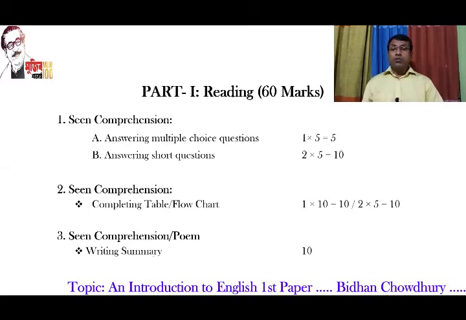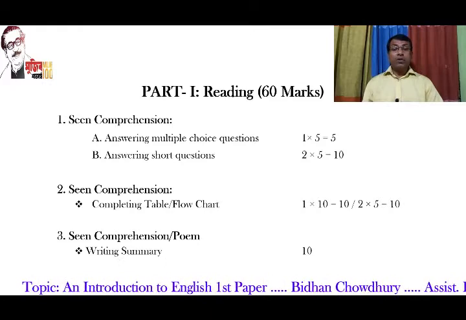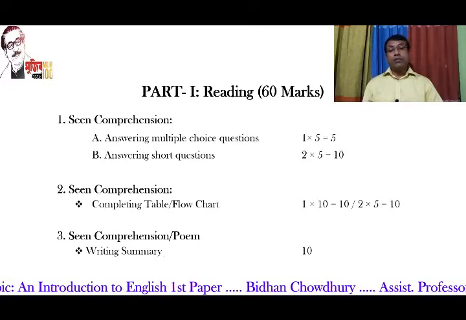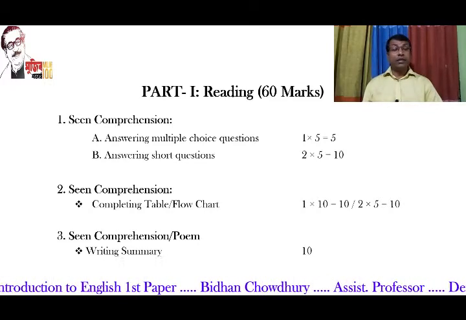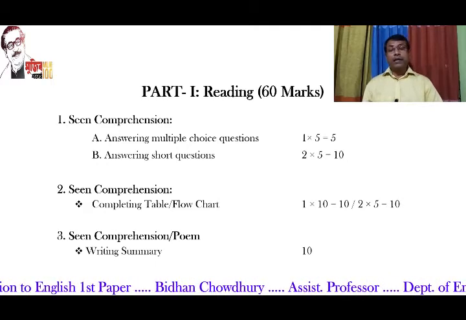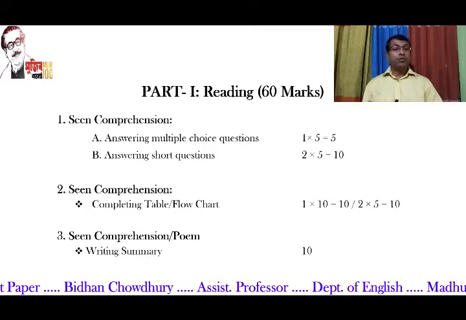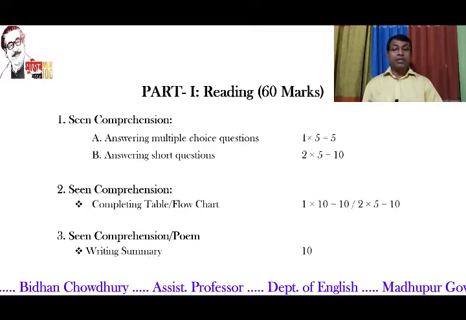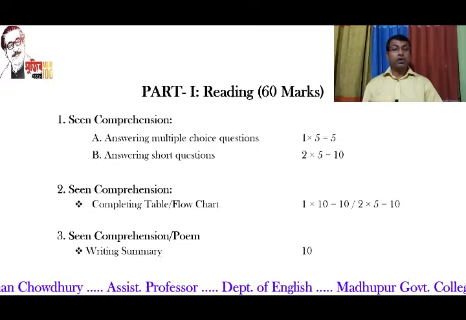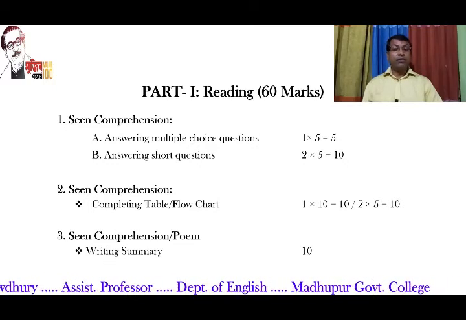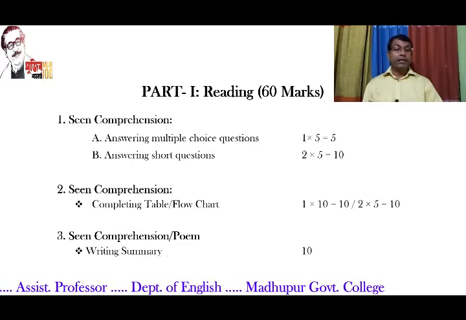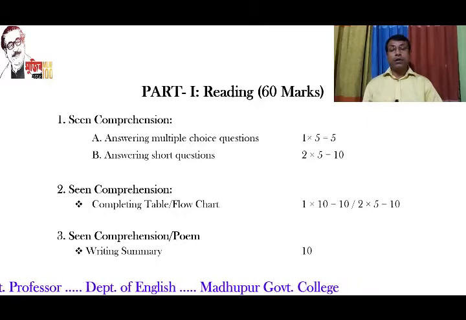And now come to question number 2. And once again, you will have another comprehension from the textbook in question number 2. And based on this comprehension, you may have two types of question, completing table and flowchart. Any one of this type will be selected in the examination.